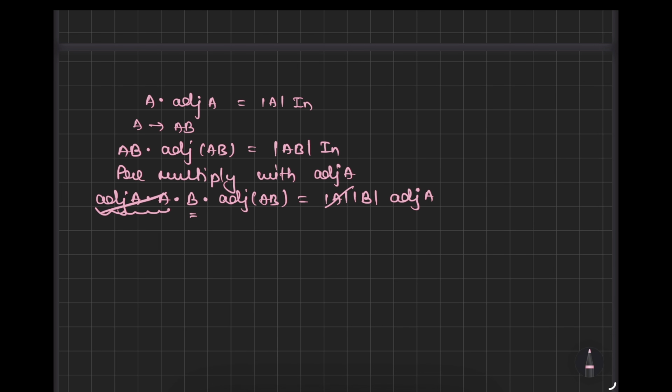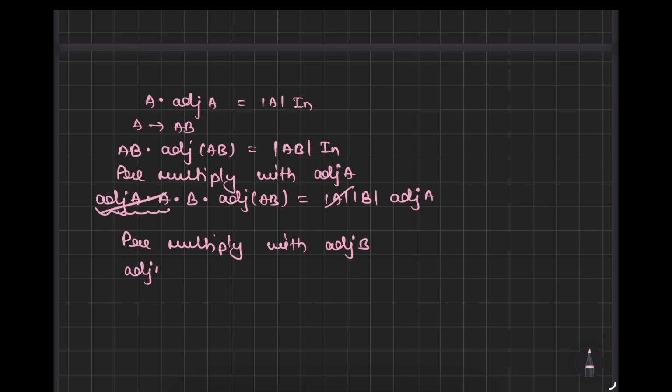Now who is this? This is B. So can I pre-multiply with adjoint B? Okay, so it will look like what?